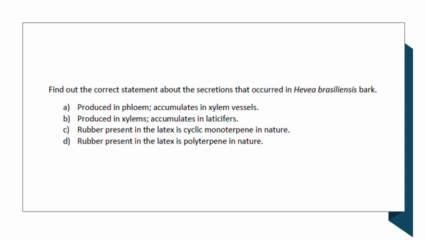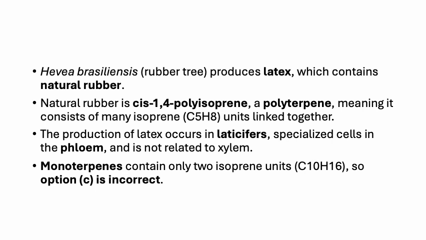Okay. So the answer is this Hevea brasiliensis, it's just the rubber tree. It produces latex, and latex is natural rubber. So if you look at the chemical composition of this natural rubber, it has cis-1,4-polyisoprene, which is polyterpene.